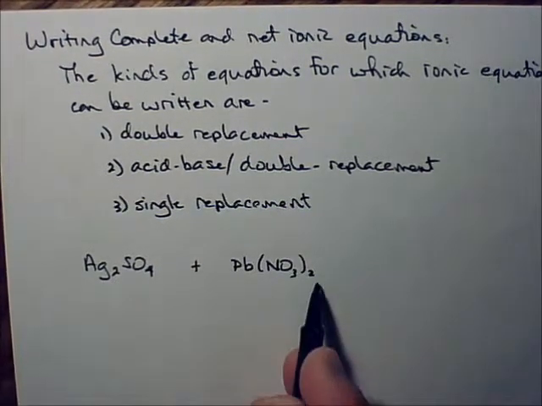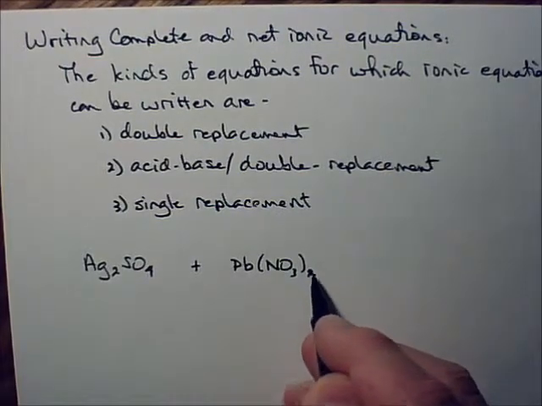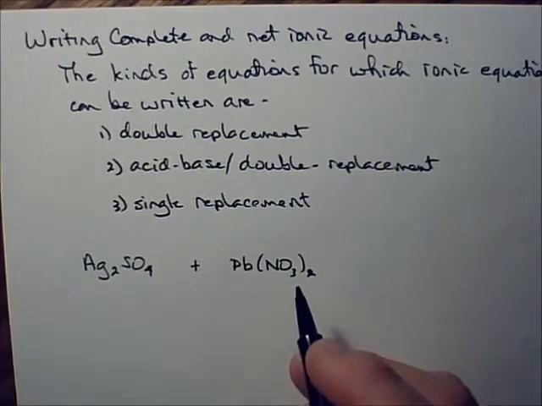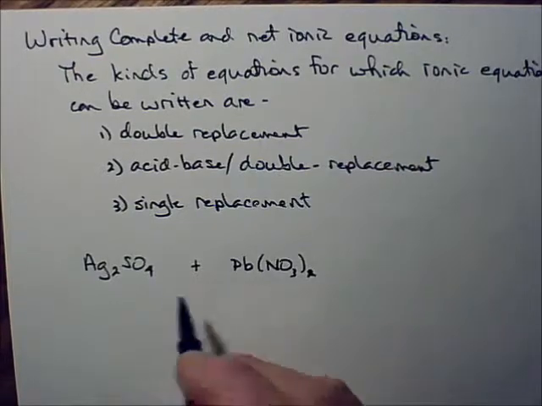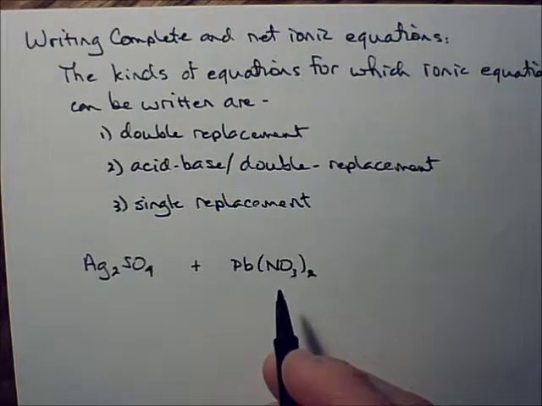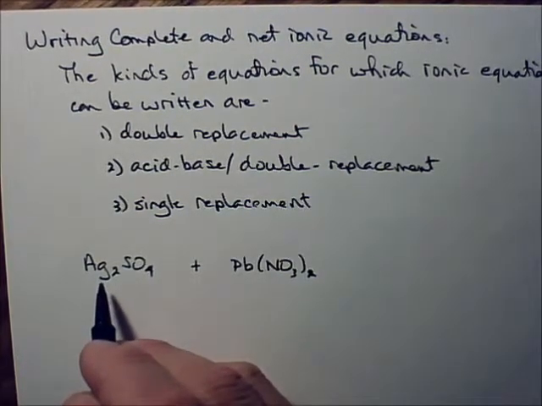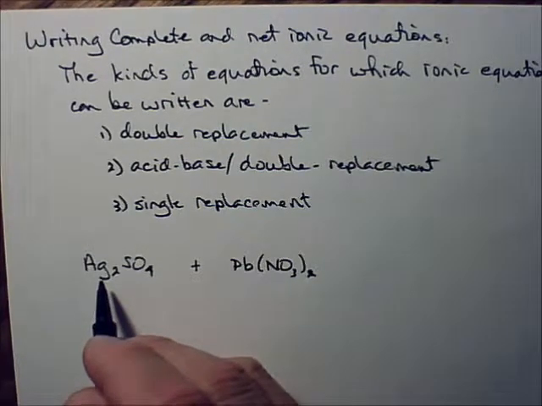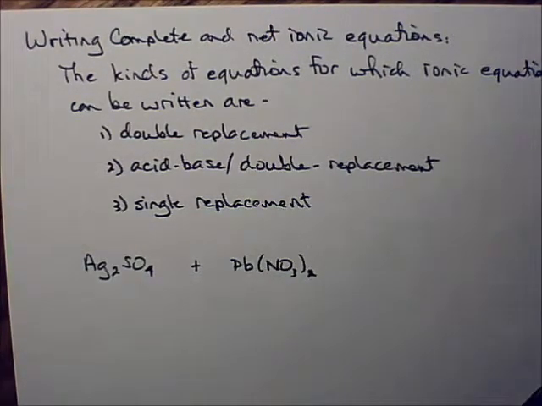There's a 2 there and a 2 there. Actually, you know what? Instead of silver, I need to replace that with another element. Let's do, let's see, what could I use instead of that? How about nickel sulfate instead? No, not nickel sulfate.